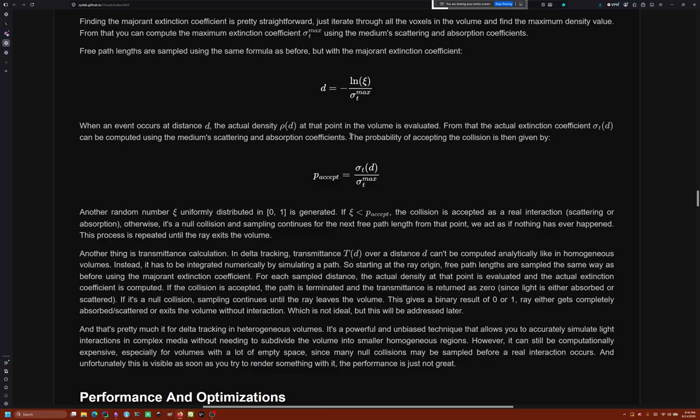So the probability of accepting the collision is sigma t evaluated at the distance, the actual extinction coefficient.